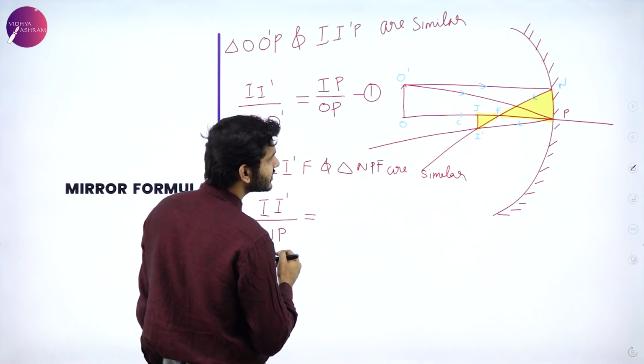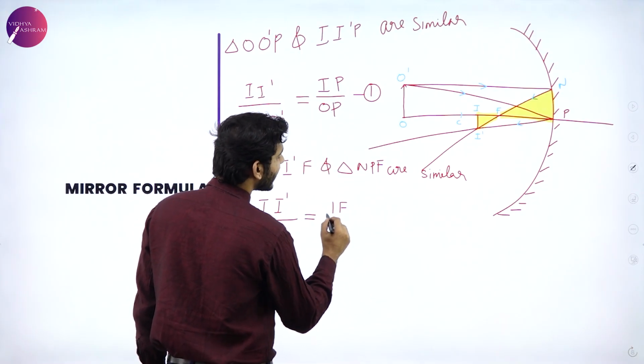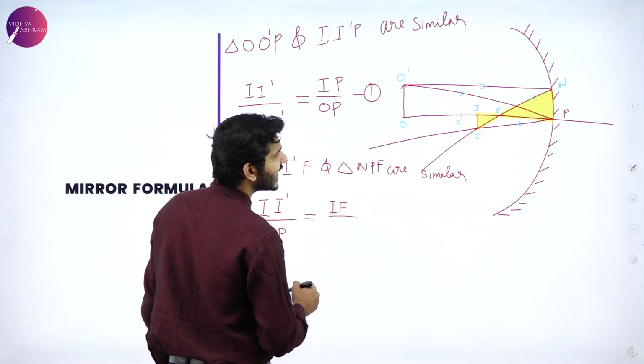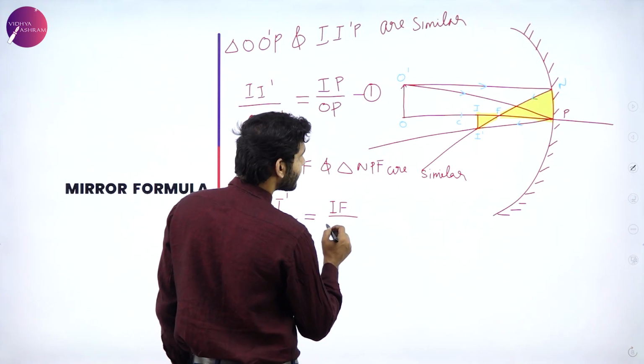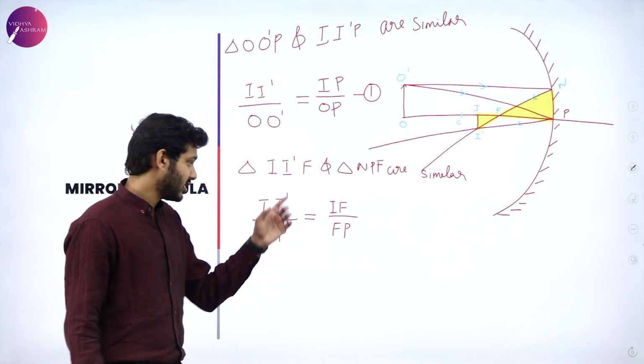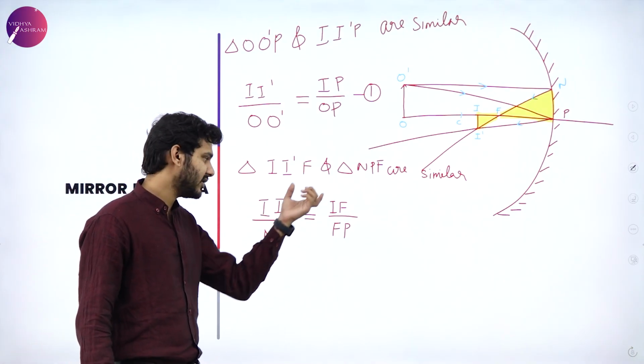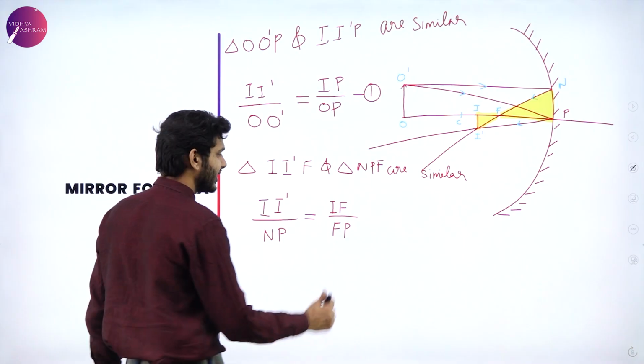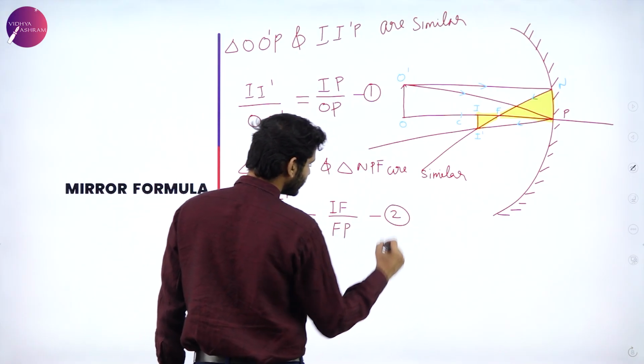So it will be equal to IF divided by FP. Again, the ratio of their heights will be equal to the ratio of their lengths. So we can name it as equation number 2.